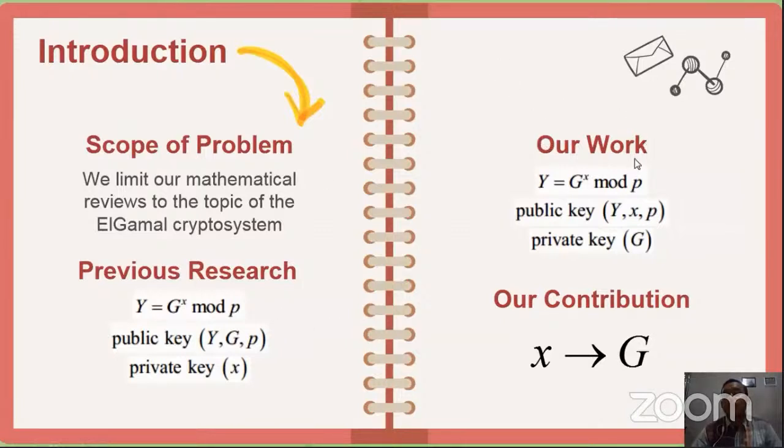In our work, the equation is the same. We use a matrix G as the private key. So our contribution is to change the private key X from an integer to the matrix G.